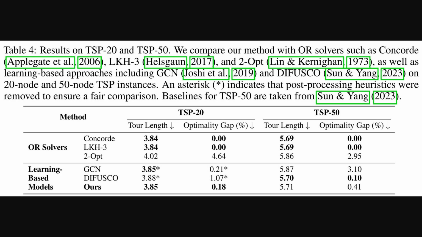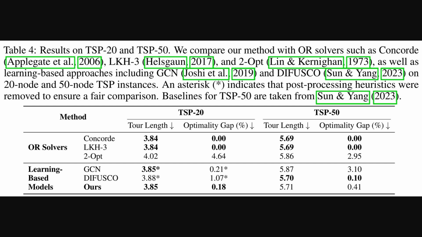Alright, so now we're looking at how this discrete diffusion model handles the traveling salesman problem. That's the classic challenge of finding the shortest possible route to visit a number of cities exactly once and return to the starting city. This table shows results for 20 city and 50 city instances.